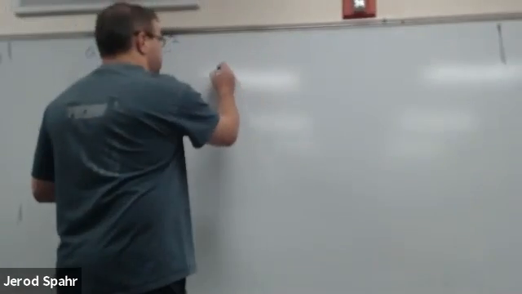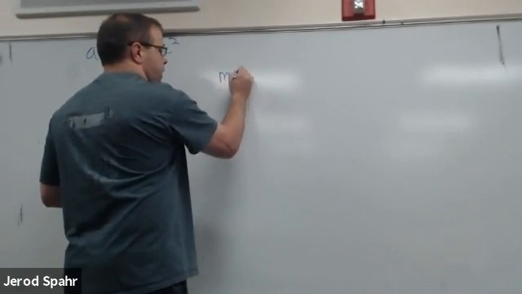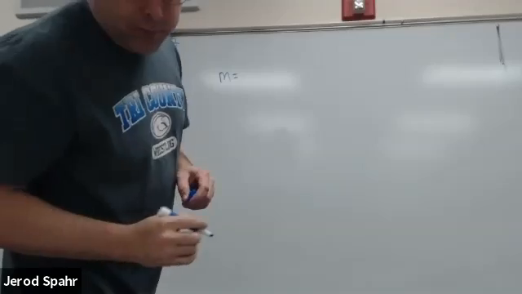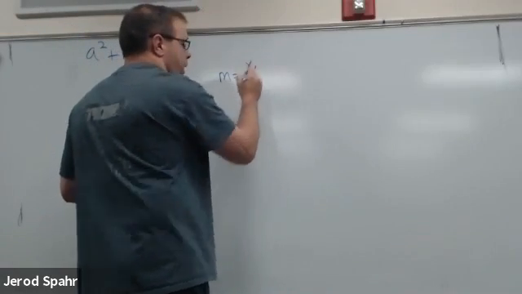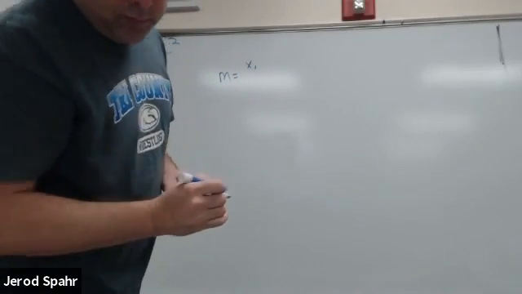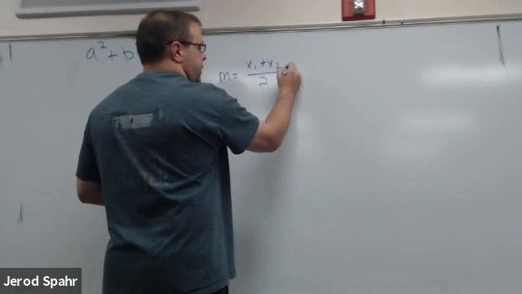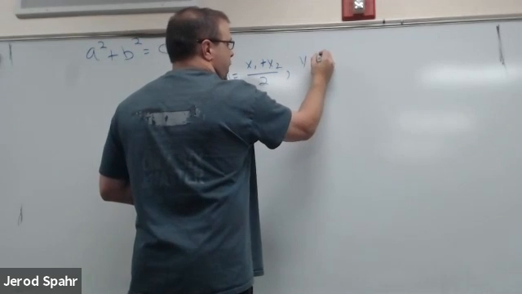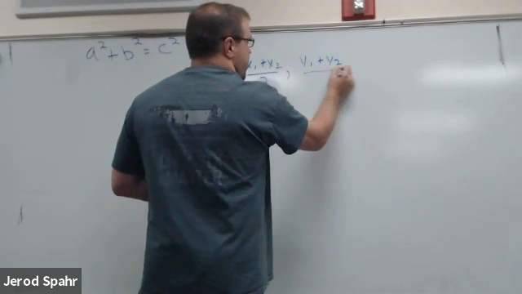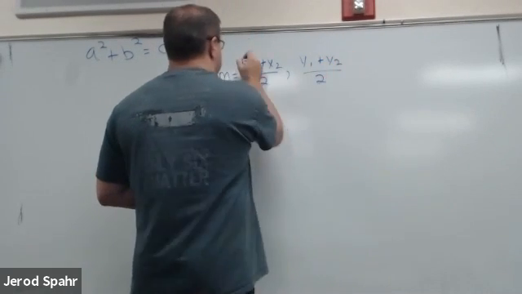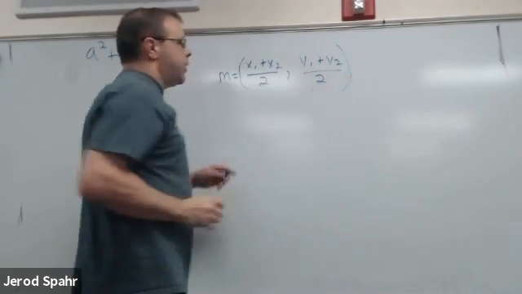So M equals (x1 plus x2) over 2, comma, (y1 plus y2) divided by 2. And that's going to be our midpoint.